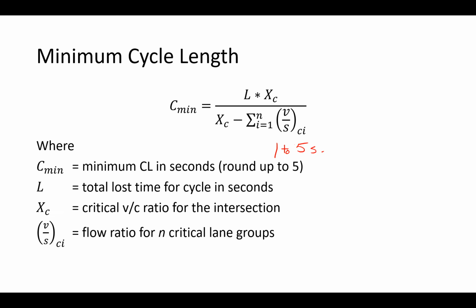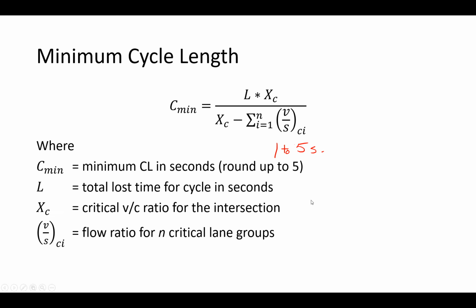And I quite often will use an odd number one. So for your ICA today, you're just going to round up by 1. You don't have to round up to the nearest 5. I think the book likes you to go up to 5. In practice, I quite often have like an 87-second cycle length or a 90-second cycle length. I definitely don't have a fraction in there, but I don't always round up to the next 5.